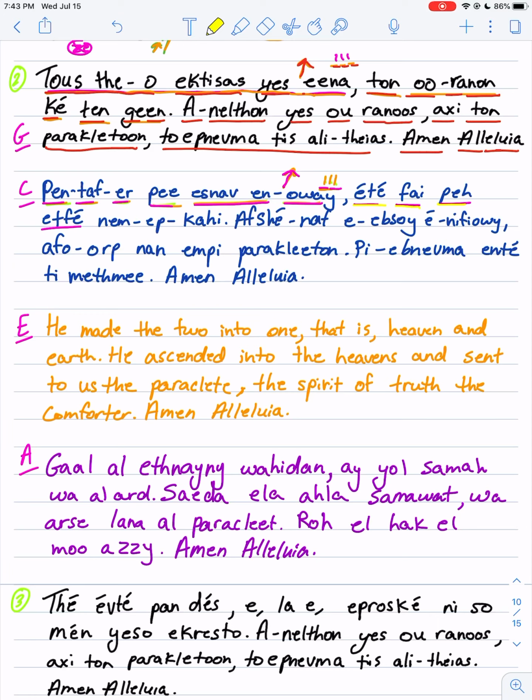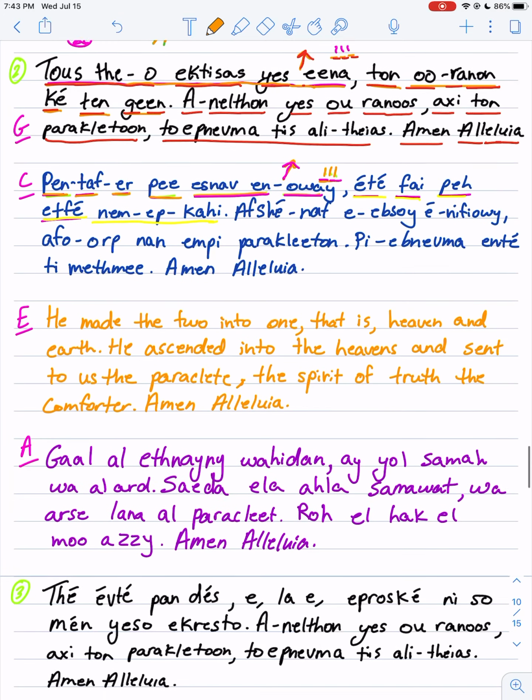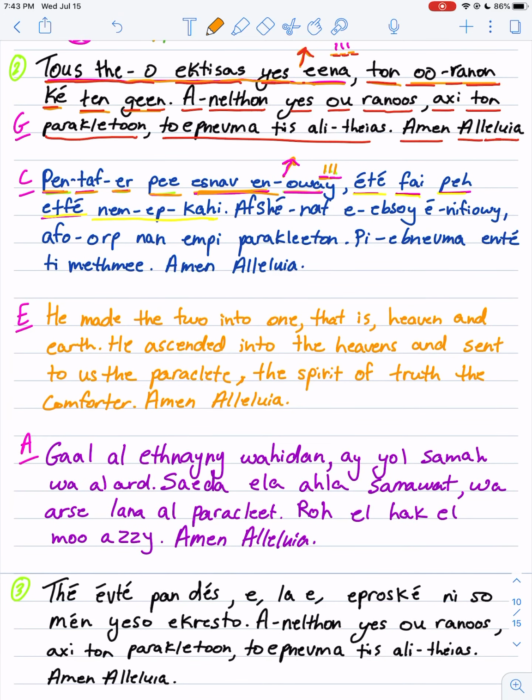Etefai beetfe neme bekahi. Bentafer bisnaven owai. Etefai beetfe neme bekahi. The 3 here once again.